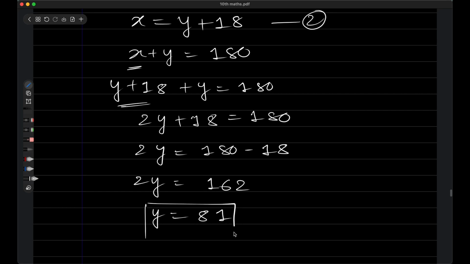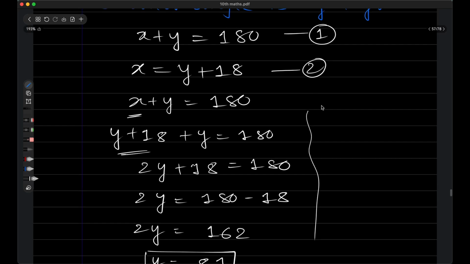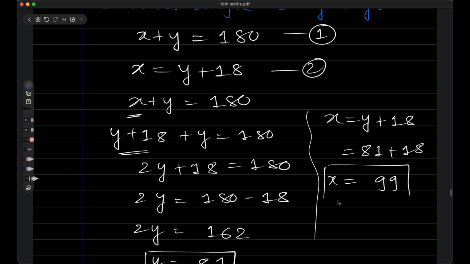We got the value of y equals to 81 degree. Now put the value of y in any one of the equation. We have x equals to y plus 18. Value of y is 81, plus 18 equals to 99. We can also verify by putting the value of x and y in equation 1 or equation 2.